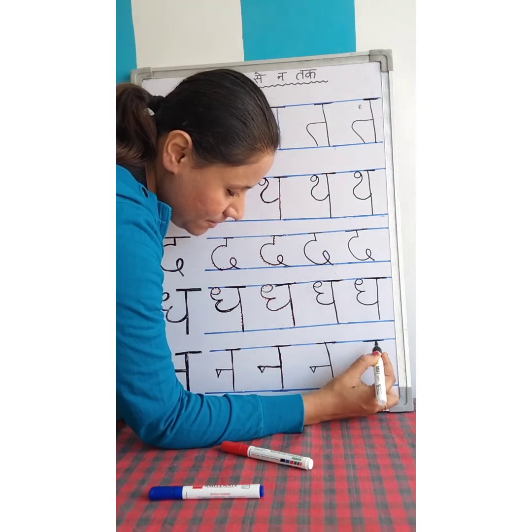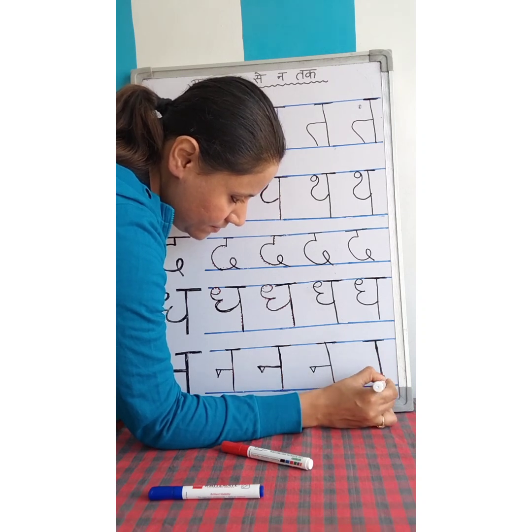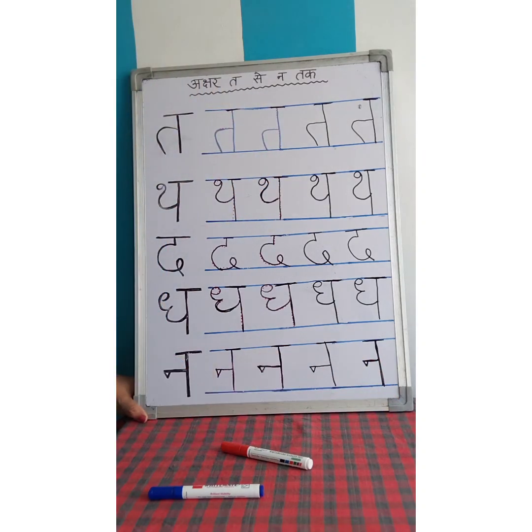First we have drawn the overhead sleeping line, then the standing line. From the middle of the standing line we'll draw a sleeping line and then a triangle downwards. So this completes your fourth line of Vyanjan ta, tha, da, dha, na.